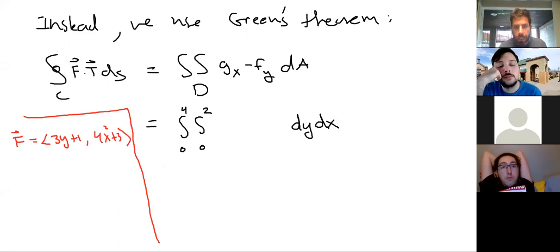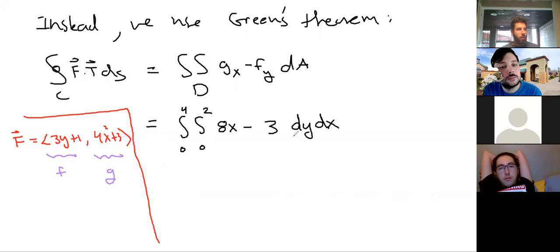So let me remind you, just for the sake of being complete, this is f, this is g. So if I take the partial of g with respect to x, I get 8x, and then if I take the partial of f with respect to y, I get 3. So that complicated, at least in length, line integral reduces to a very simple double integral.